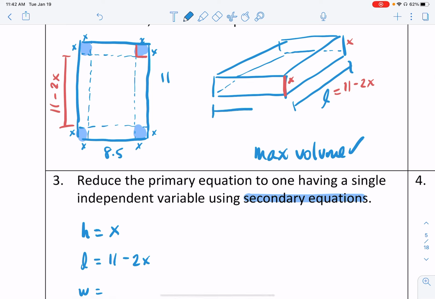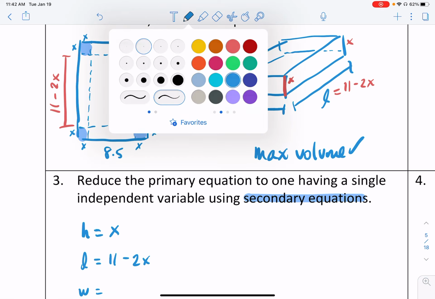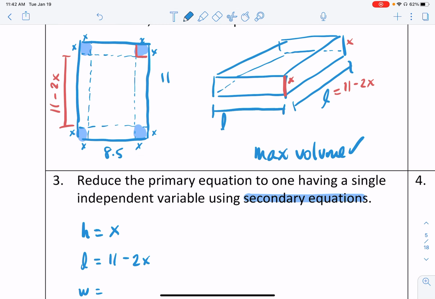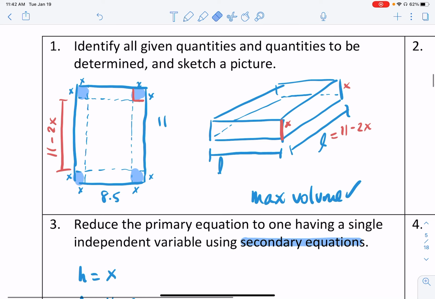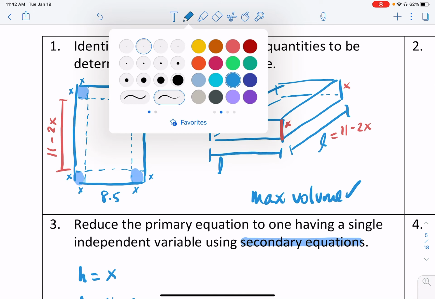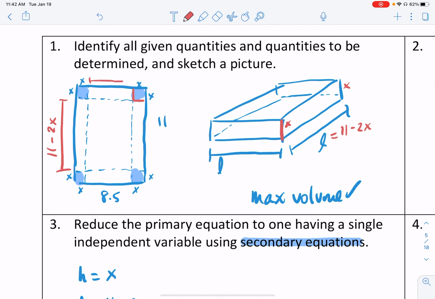So here's our next secondary equation. We've got 11 minus 2x. And then finally our width, we'll say the width is this piece that's right there. And how big is it? So, of course, it's originally L. And then our length now comes from this piece of the diagram, or maybe this one down here.